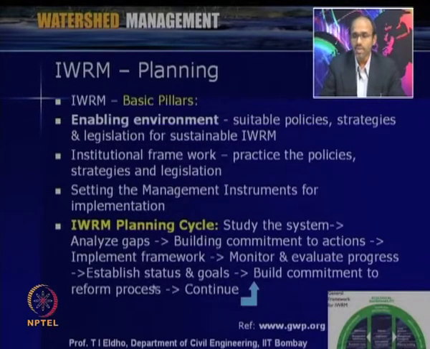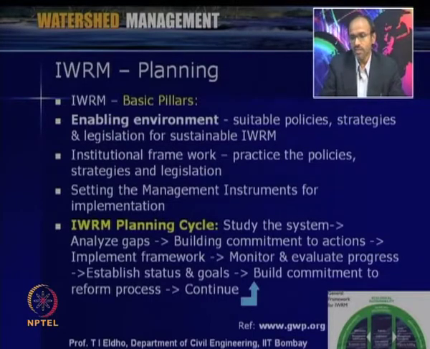Again, we may have to come back. So this is a cycle. Based upon experience and earlier studies, we have to establish status and goals again, and finally we have to build commitment to the reform process. Earlier implemented plans may not be correct, there may be mistakes, so we have to change the plans which were made earlier and then reform the process so that we will have better integrated water resource management plans.